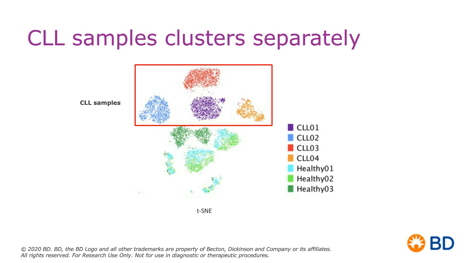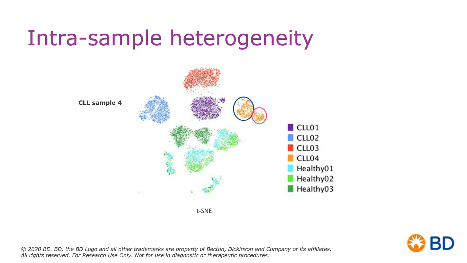Now, we could probably zoom in a little further on these individual CLL samples, because there's one that already draws my eye, and maybe yours as well. I put a little gate, or circle, on these 2 populations in CLL4.